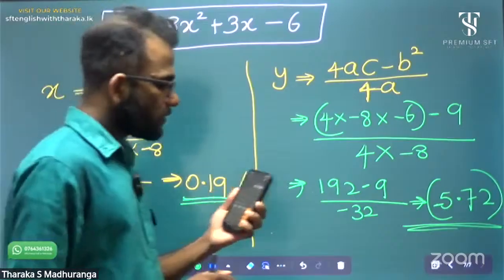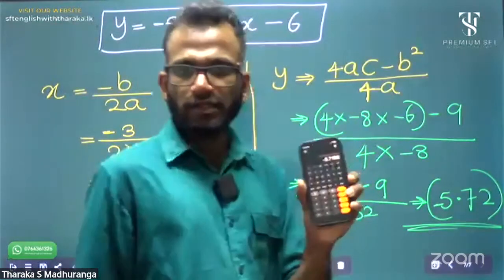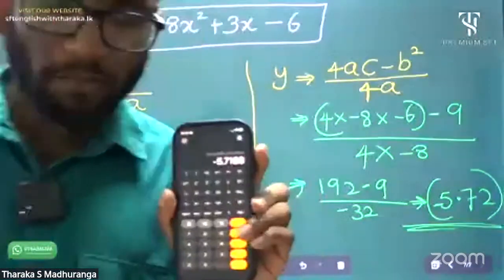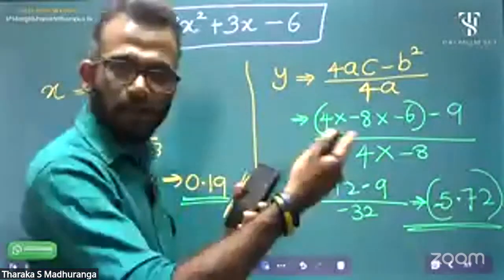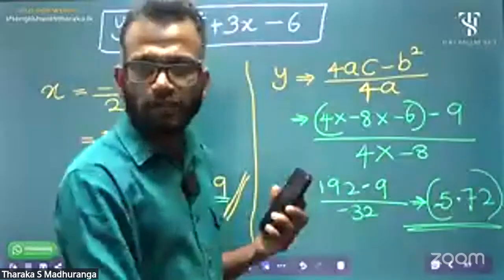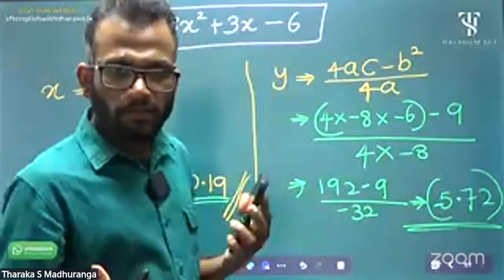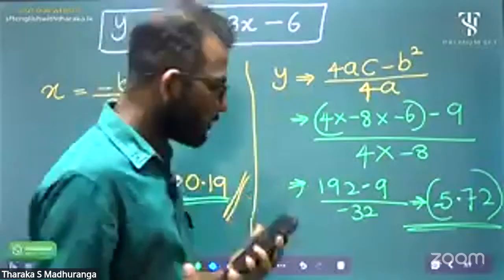You can get the same answer, minus 5.72. When you round off, it is 5.72. Understood? Please send me a message if you got both.